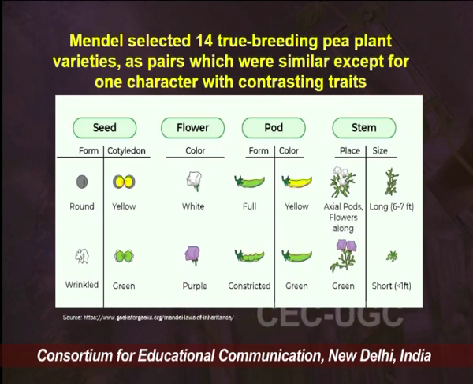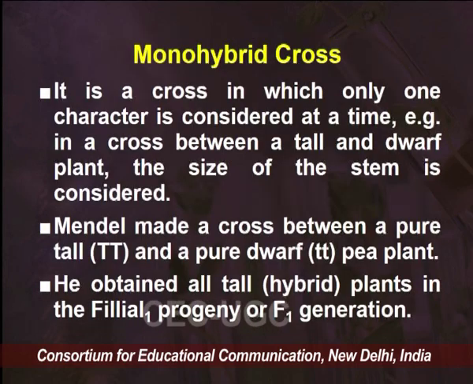He selected 14 true breeding pea plants for each trait as pairs, which were similar except for one particular characteristic. For example, all variations were common but stem size: some were large and others small. This is how he studied the trait of plant size, with everything else common.